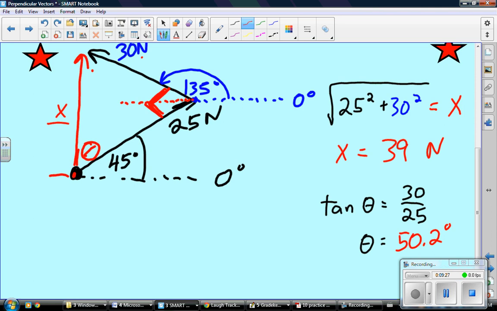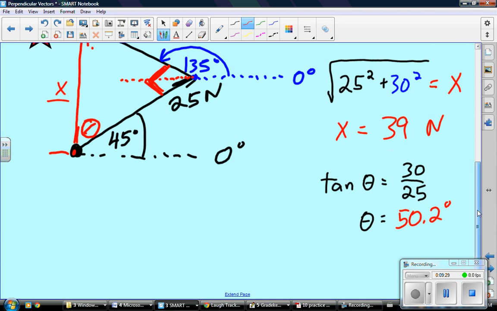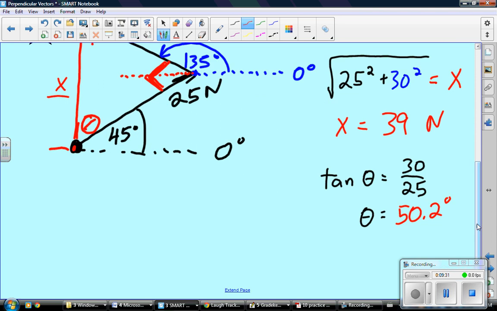Now, when we want to write out the answer, we say that F net is equal to 39 newtons. That's the magnitude. Now, force is a vector quantity, so we also need to have a direction. We figured out this angle to be 50.2 degrees.